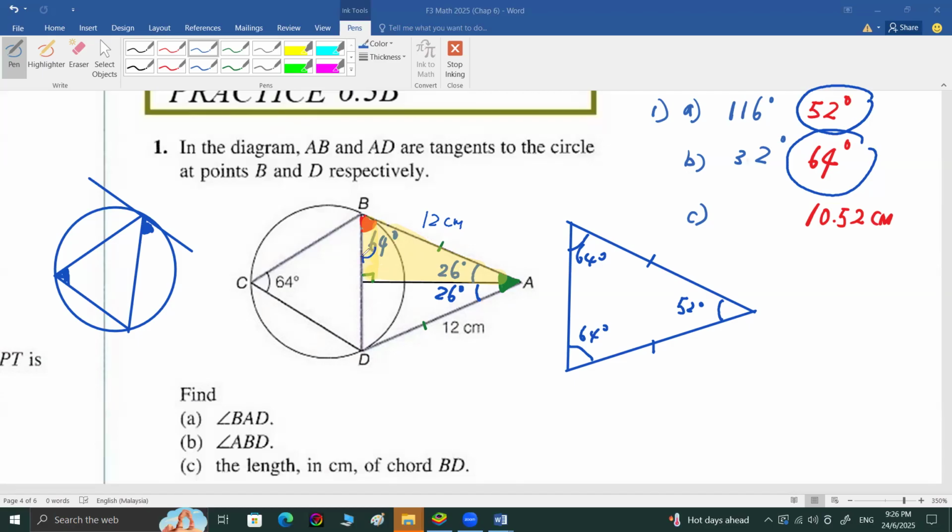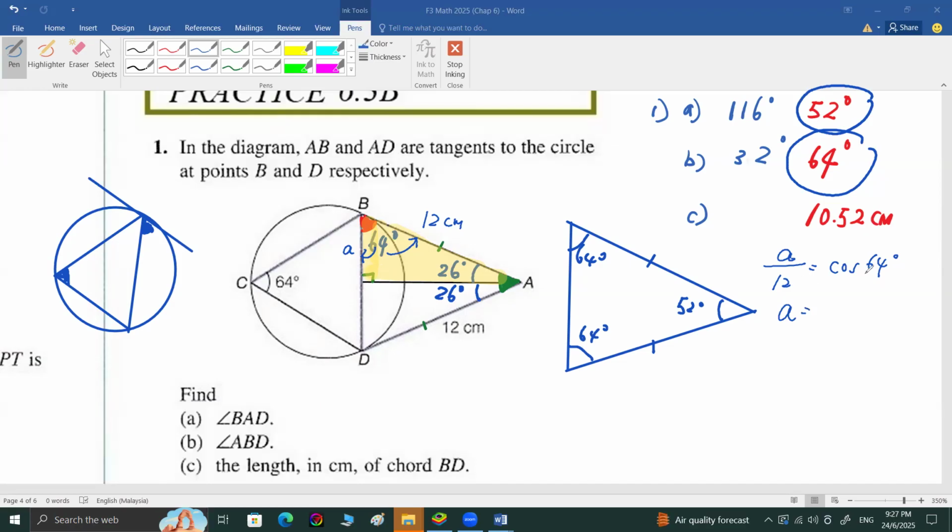is it adjacent? Adjacent per hypotenuse is cos 64. Right? Okay, so to get A, 12 times cos 64.